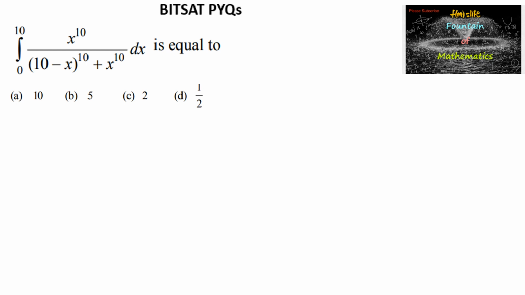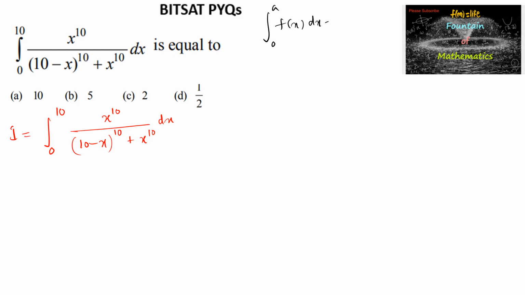Let us consider the integral I is equal to 0 to 10 of x power 10 upon (10 minus x) whole to the power of 10 plus x power 10 dx. Let us use the property: integral 0 to a f of x dx is equal to integral 0 to a f of a minus x dx.